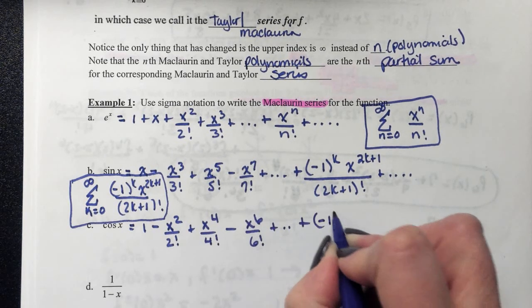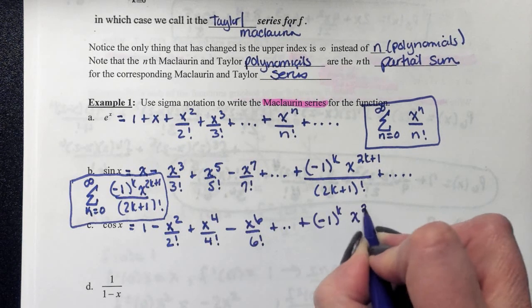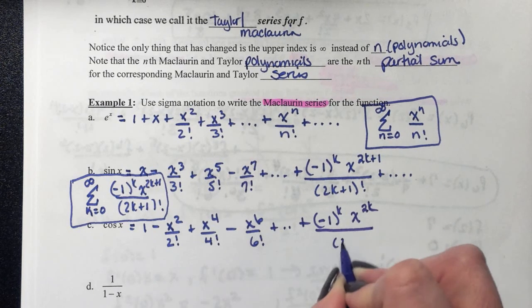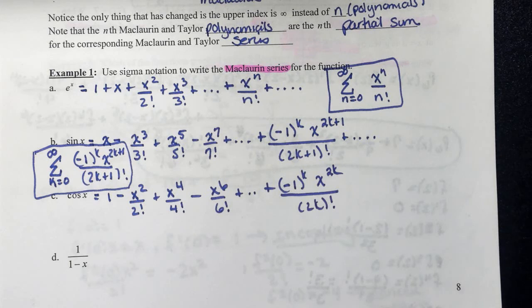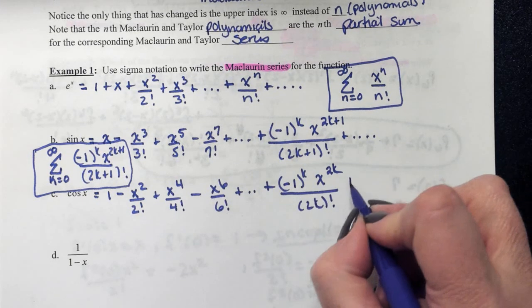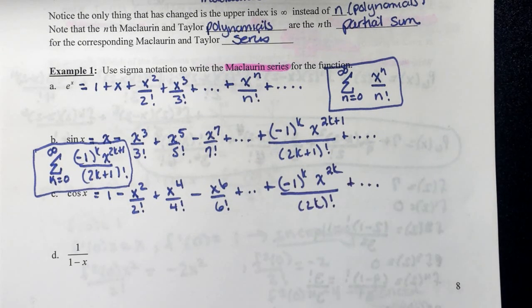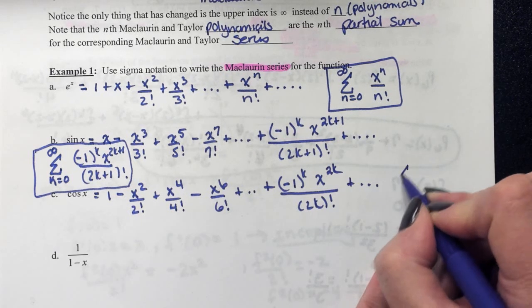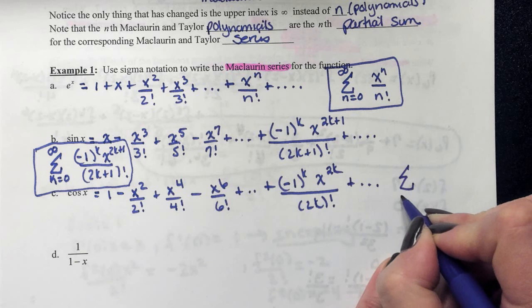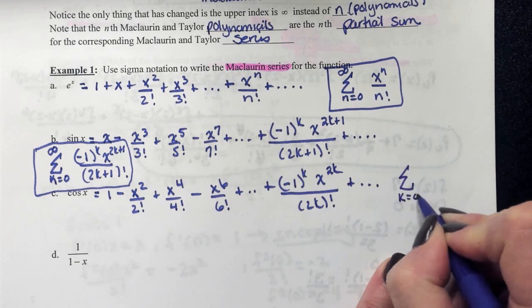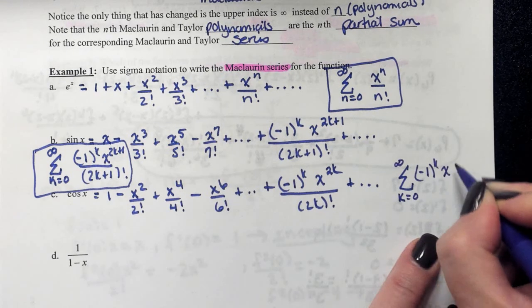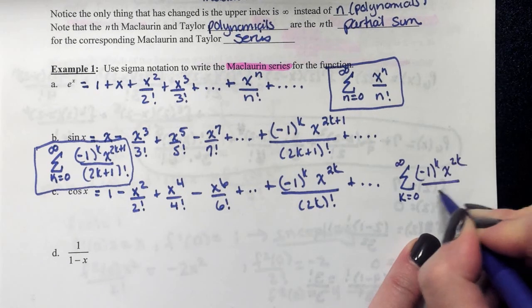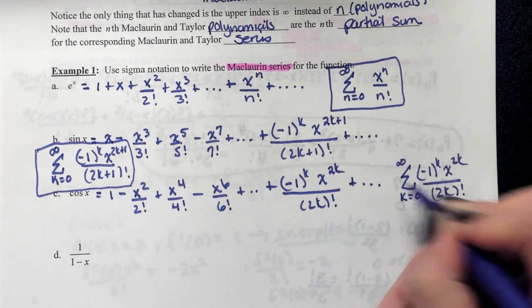You have the negative 1 to the k, x to the 2k, all over the quantity 2k factorial, plus your dot, dot, dot at the end. And in your sigma notation, the Maclaurin series for cosine of x starts with k equals 0 to infinity. You have your negative 1 to the k, x to the 2k, all over 2k factorial.